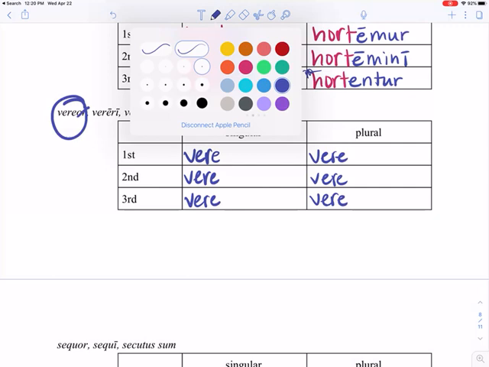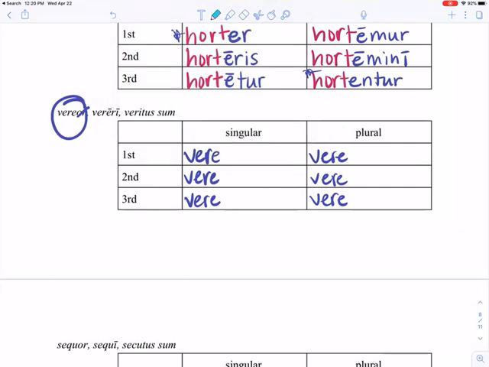All right, so let's go with that. Actually, I'm sorry, back up. We don't want those macrons. I got ahead of myself. Sorry, we're going to add A and then the R for vereār.